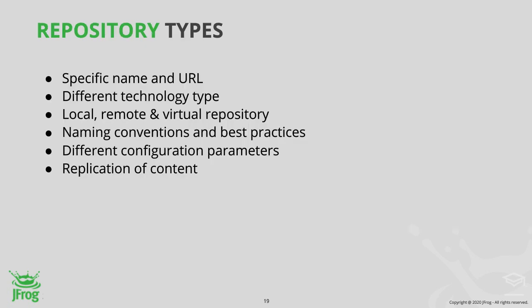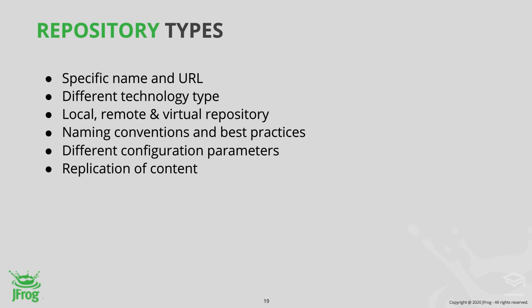There are several characteristics to any repository, like a specific name and a URL, the technology type that we already covered, and each repository can be either a local, remote, or virtual repository.